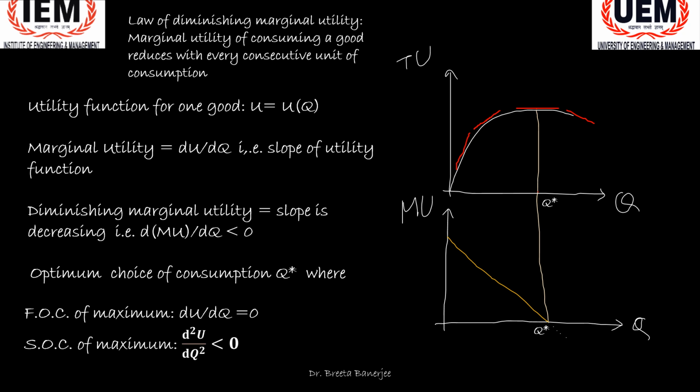That is exactly what is happening here: at Q star our marginal utility becomes 0. The second order condition is that the second derivative, d(MU)/dQ, will be negative, so our marginal utility must be falling at Q star, and again that is exactly what is happening here.